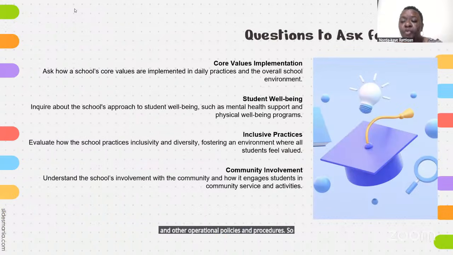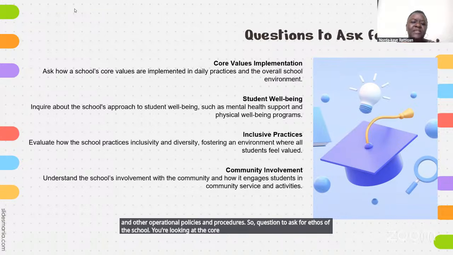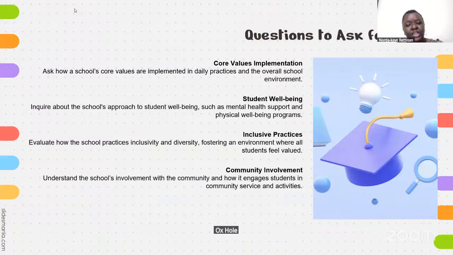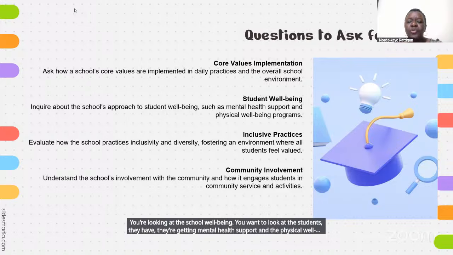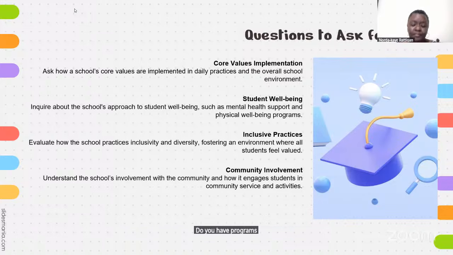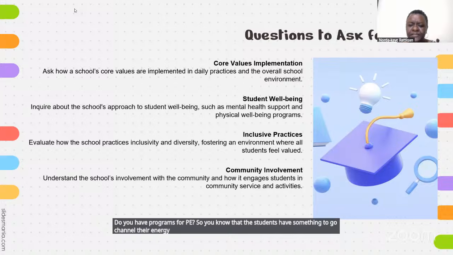So, questions to ask for the ethos of the school. You're looking at the core value implementation. Ask how these are implemented daily and overall in the school environment. You're looking at school well-being. You want to look at whether students are getting mental health support and physical well-being programs. Do you have programs for PE, so you know that the students have something to channel their energy into for development?